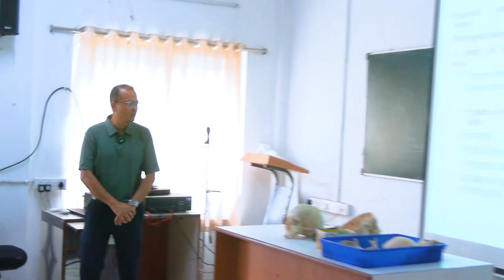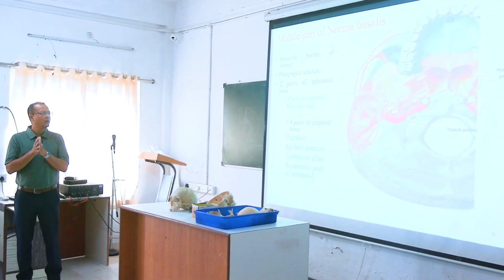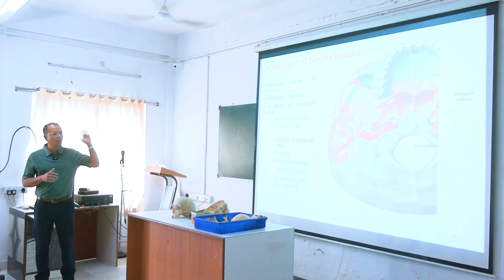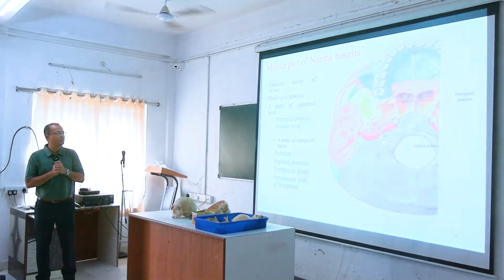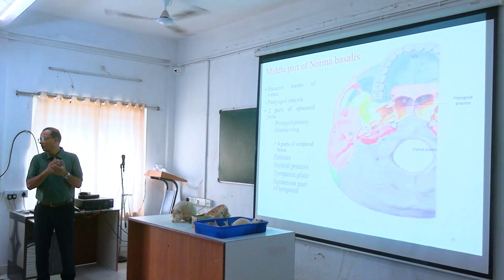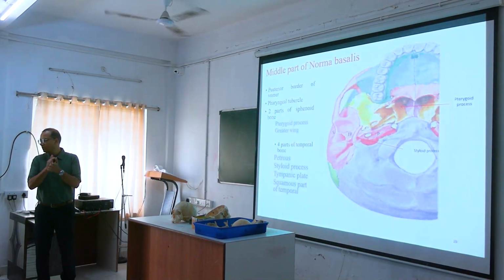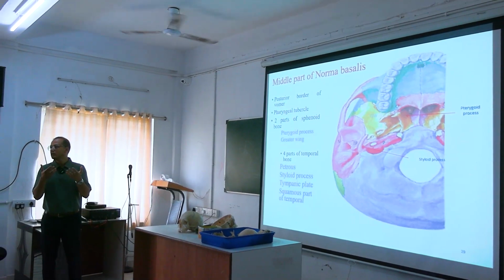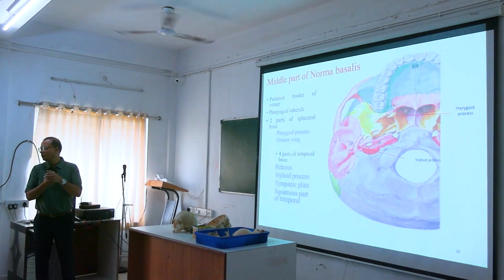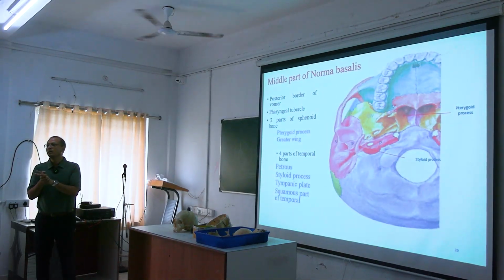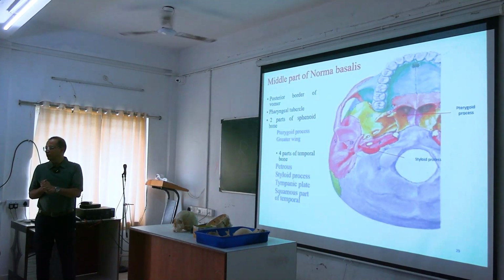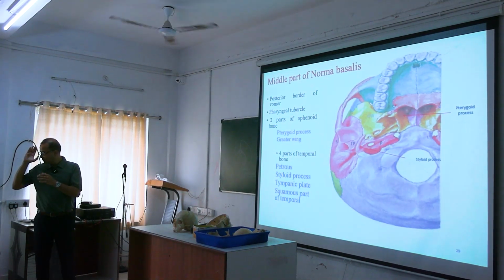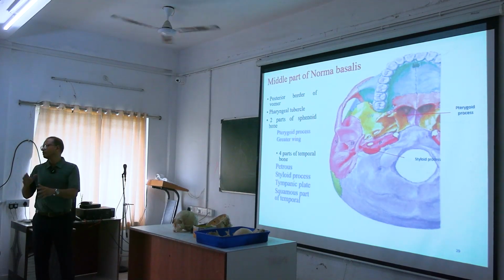So, I do not want to do heavy introductions on these basic things that you should know. What do you mean by the norma? Norma frontalis, lateralis, verticalis and basalis, what the different views show us in terms of the bones, and what the two basic classifications of the skull bones are. Skull bones can be divided into two basic parts: cranium and facial.